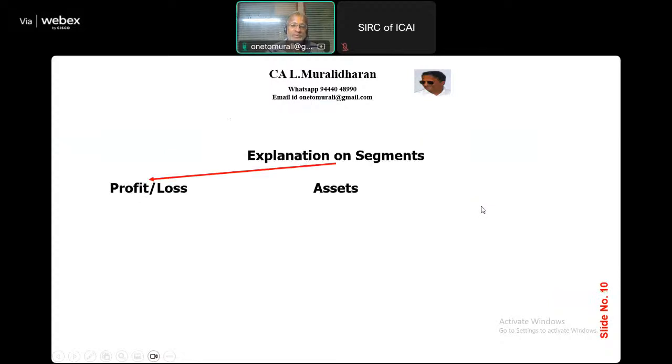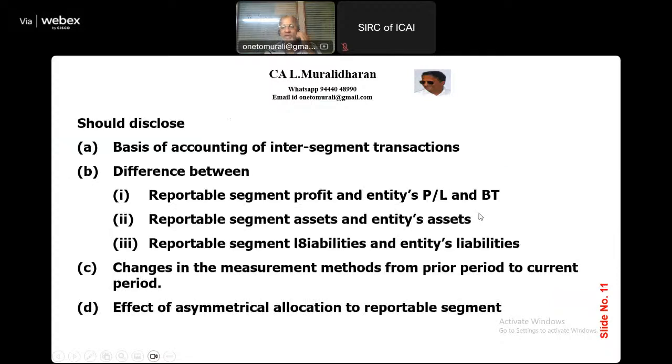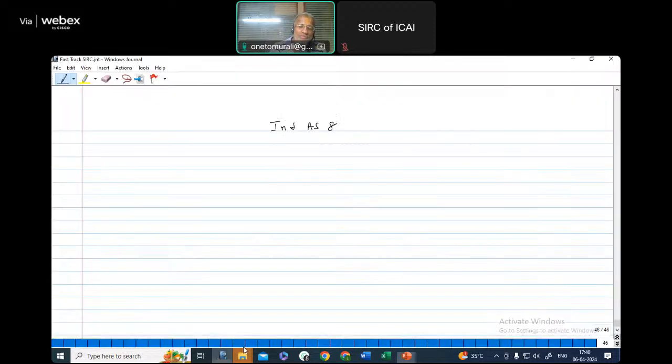Explanation on segments, where we are expected to provide explanation on results, assets and liabilities. So what all we are expected to disclose, we do have, and let me tell you about the thresholds that we are expected to use.